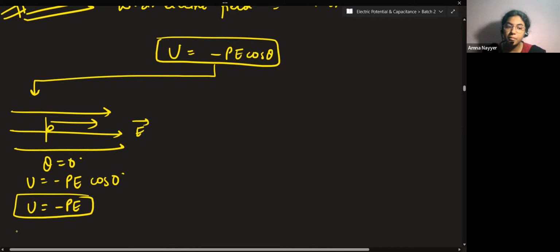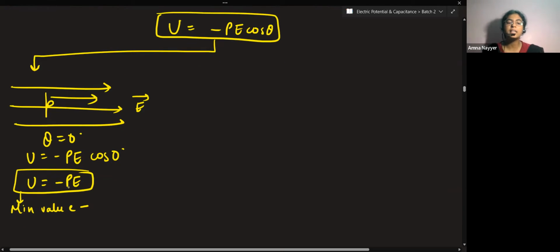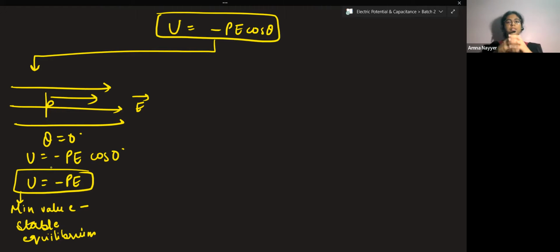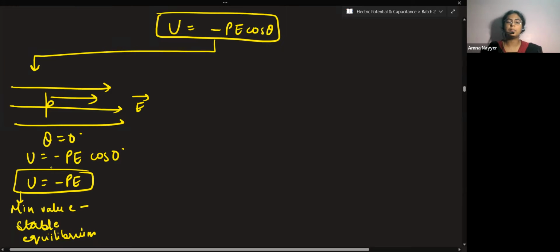Firstly, this is the minimum value. If you have potential energy as negative, then your system is quite stable. This shows that it is in stable equilibrium, because the minus sign indicates that the system is bounded, and if the system is bounded, then it is in stable equilibrium.